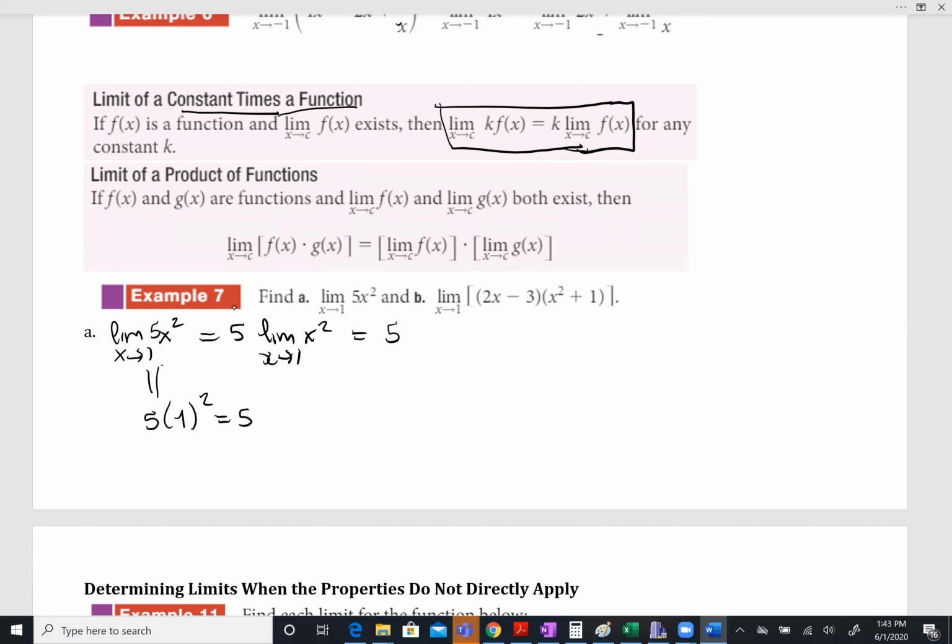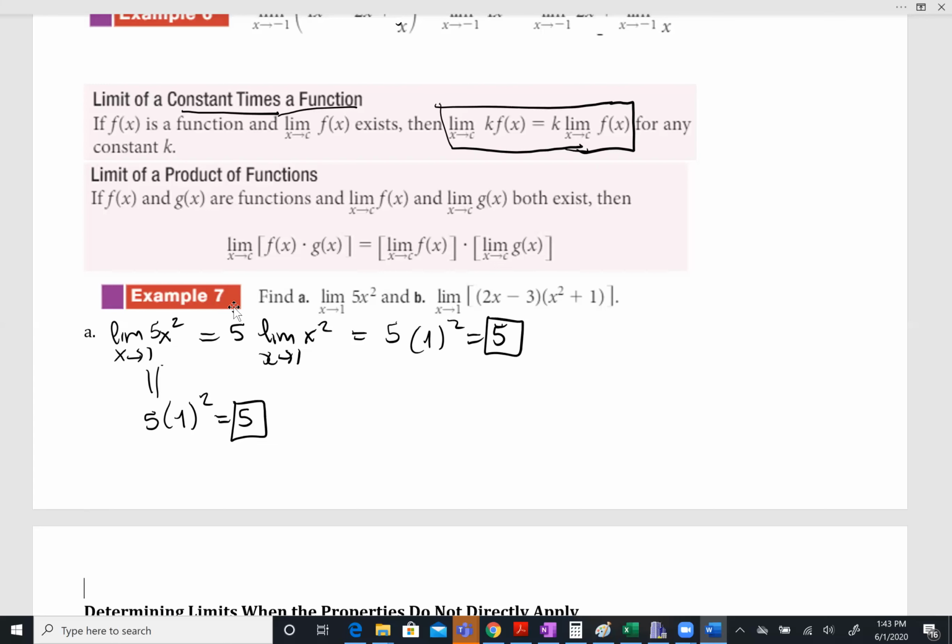So I'm going to have 5 times, oh sorry, x squared now becomes 1 squared, and it becomes 5. So same answer, just a shorter way. So these properties, I don't really like to consider them, because they're just for when you do some complicated one.